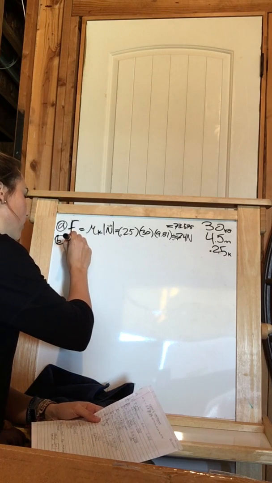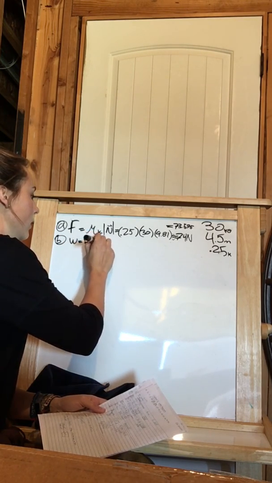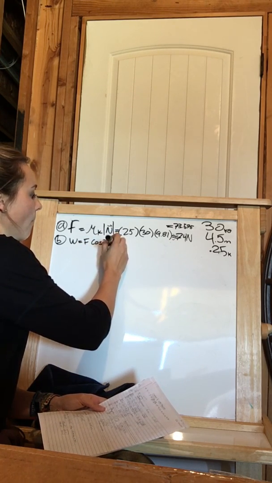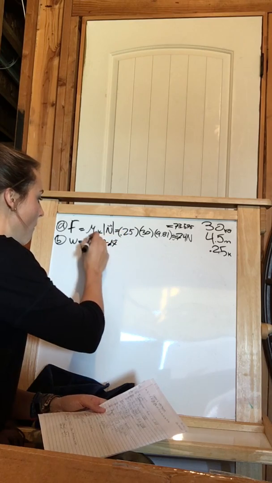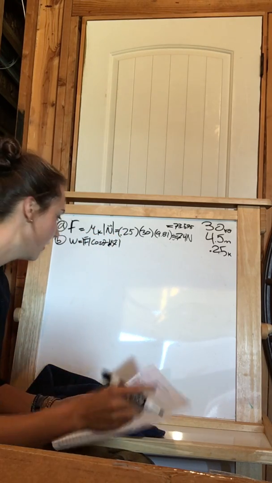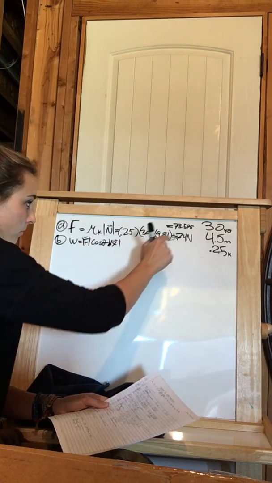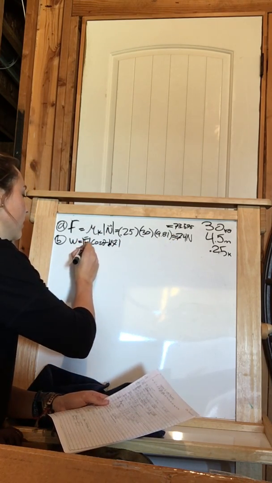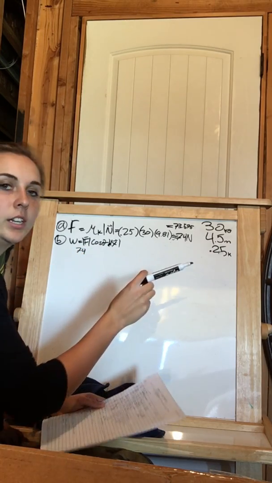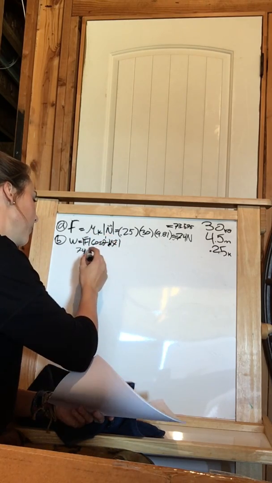So we know work equals force times cosine theta times x. We're just going to plug in our values. The force is these 74 newtons. The cosine, since it's in the same direction, is the cosine of 0, which is just 1, so we don't even need to worry about that.